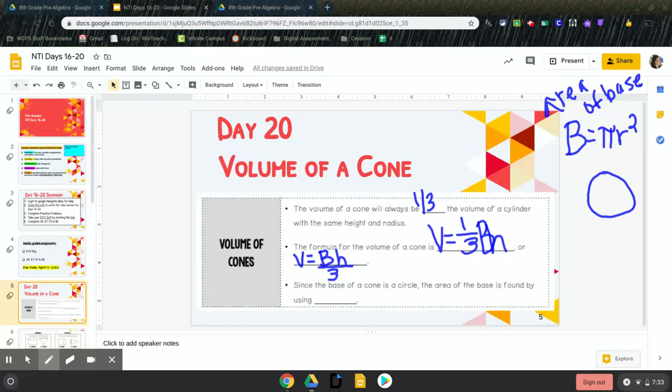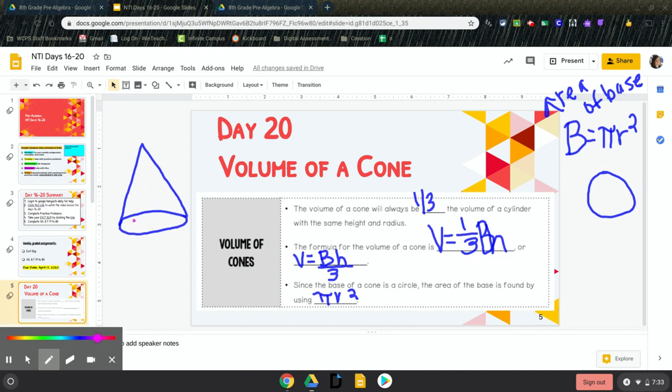So since the base of a cone is a circle, the area of the base is found by using pi r squared. Okay, so we got our little cone here. And the base of that cone is a circle. And then we've got our height of that cone.